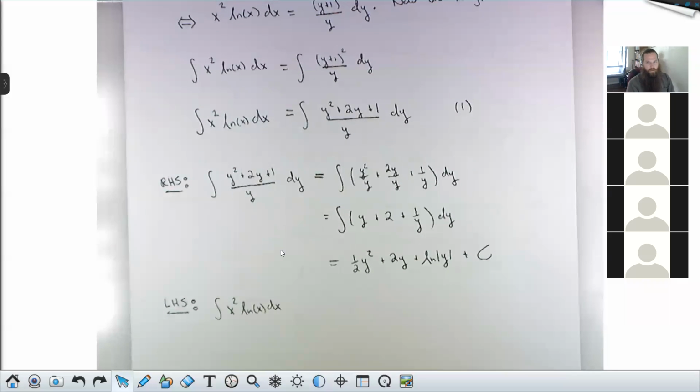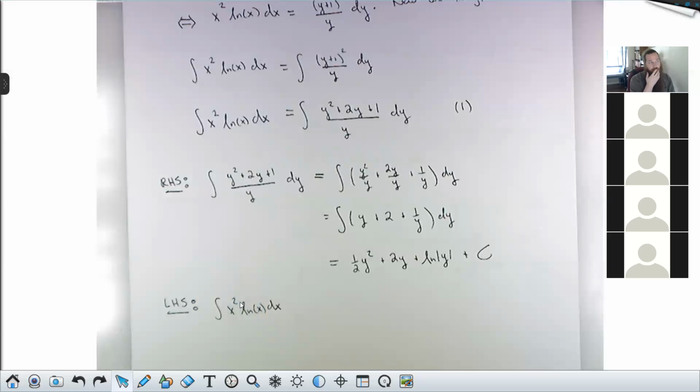And what's the hint that tells me to use by parts here? Something like that. Yeah, the presence of a natural log is usually a strong hint that you're going to use integration by parts. Anytime you have a power function times a logarithm function, that's almost always going to be IBP.